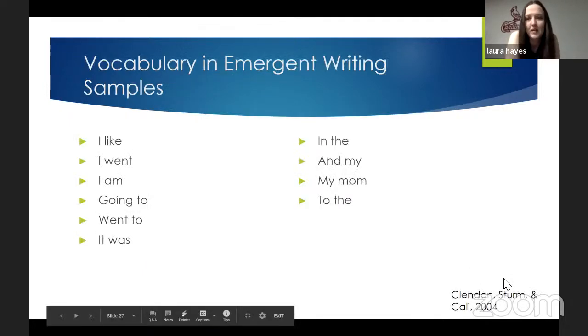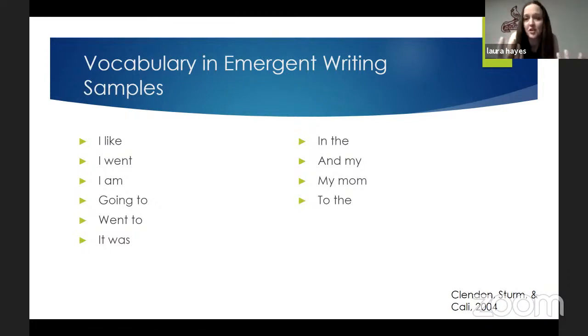So for time's sake, we're going to keep going, but know that they do continue throughout the whole sentence, and each student has the opportunity to complete their sentence as they personalized it from day 1. When we think about vocabulary in emergent writing, I love this research from Clendon, Sturm, and Callie in 2004. They took 124 kindergarten students and transcribed the writing samples those students produced.